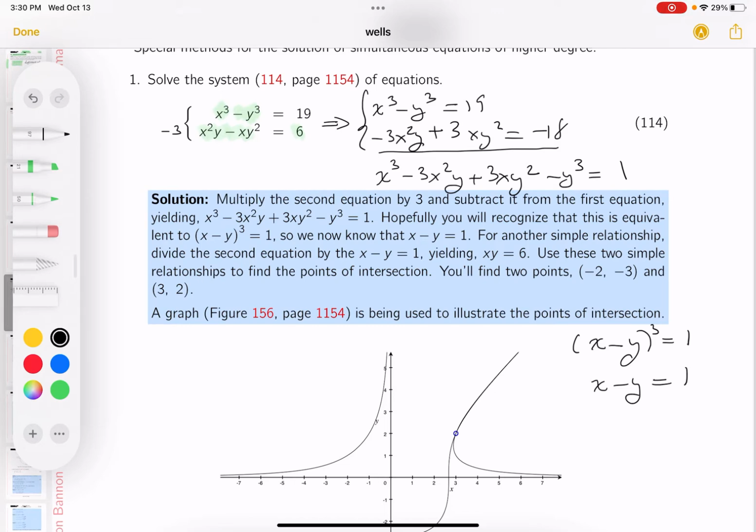Let's keep going. Now, if you get this over here, I'm looking at it to see if I can figure something out. We got a pretty simple relationship over there.